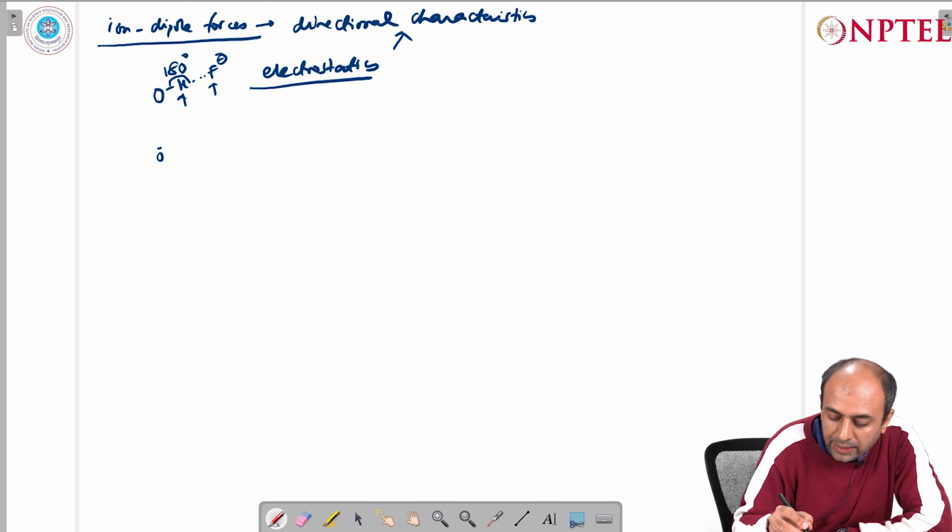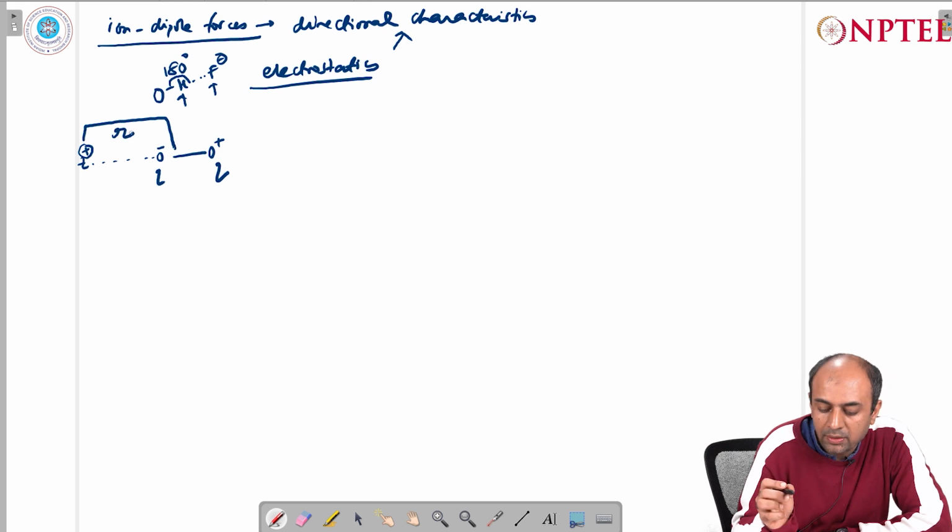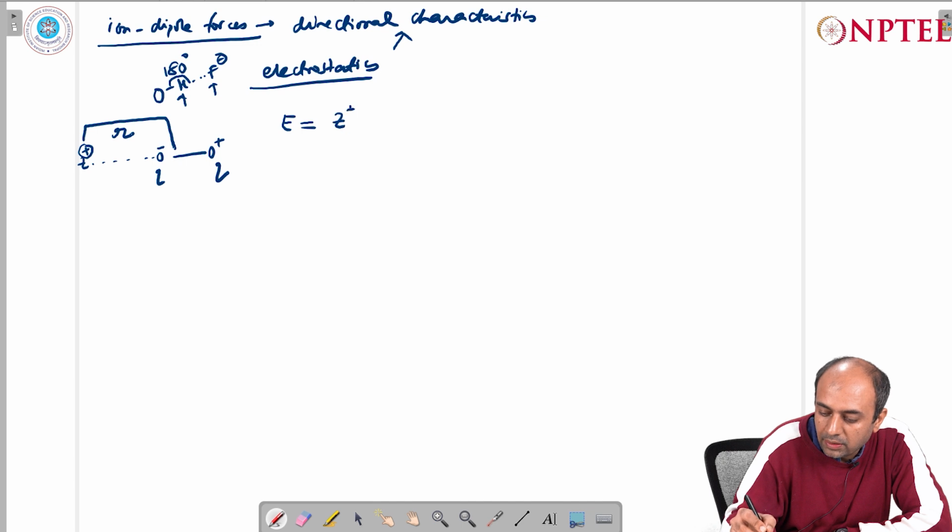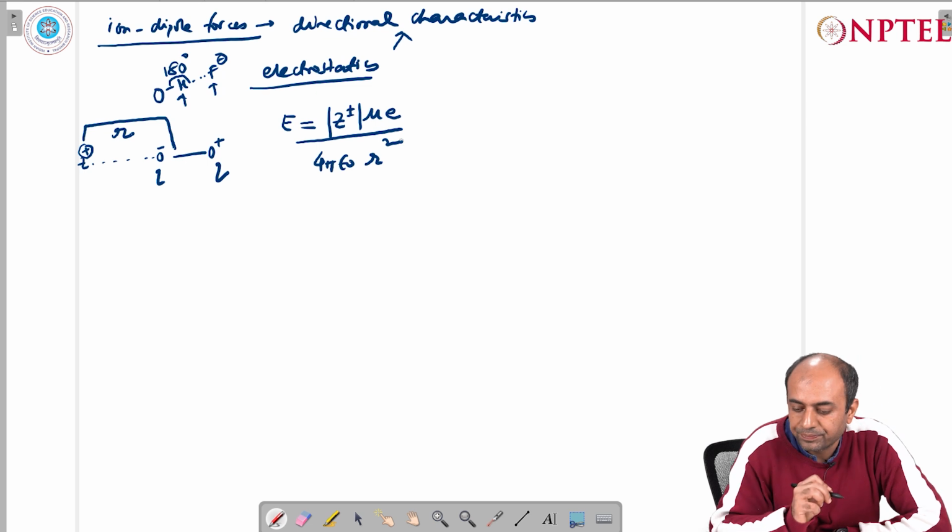So you have a dipole, say having charge plus q and minus q, and you bring in its vicinity a cation, and R is the equilibrium separation between the dipole and the cation, and then you can calculate the magnitude of the stabilization energy as Z plus or minus magnitude times the dipole moment times the electronic charge divided by 4 pi epsilon 0 R square.